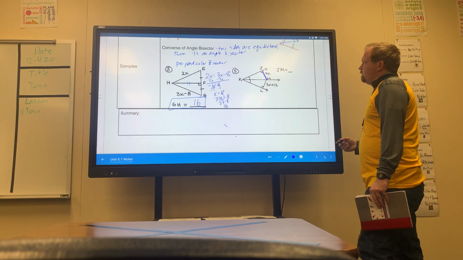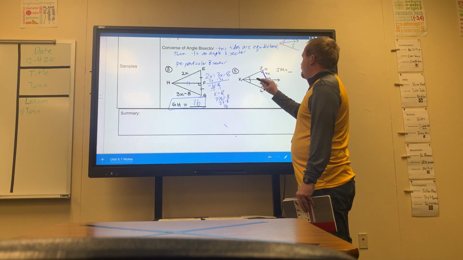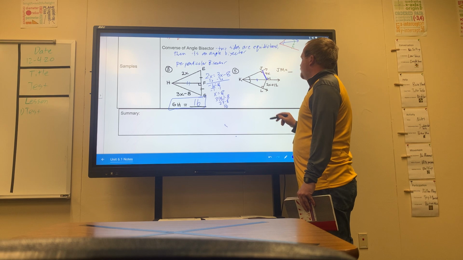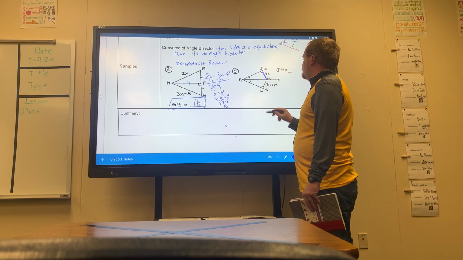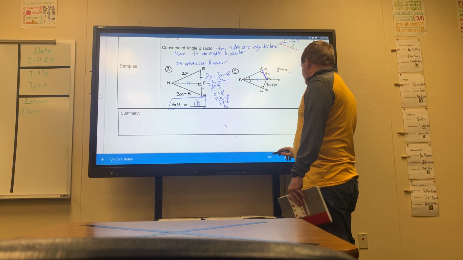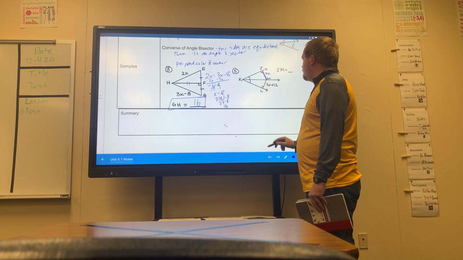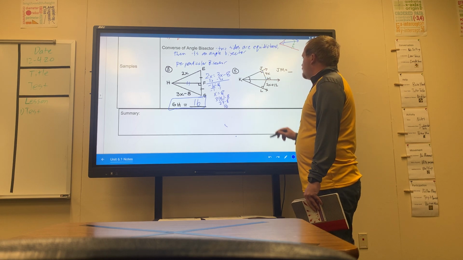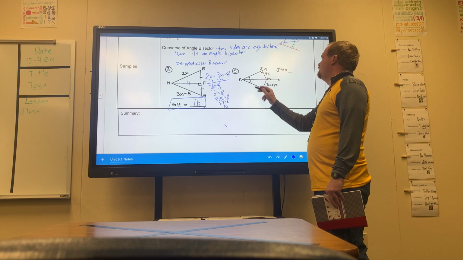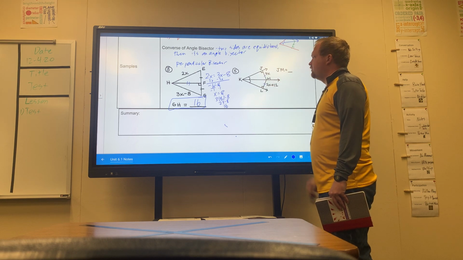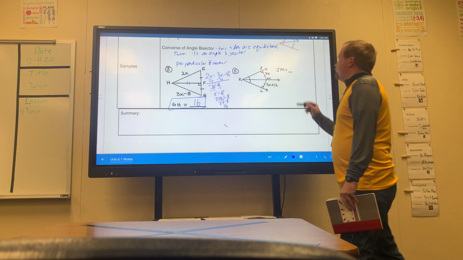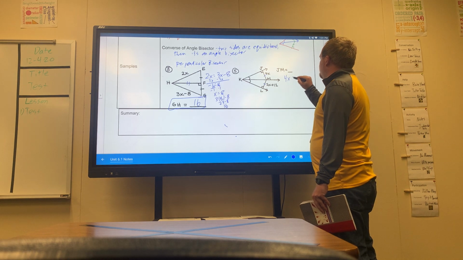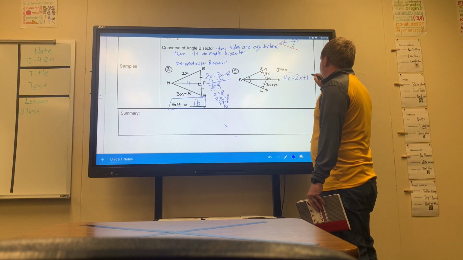Now, since these two are equal, I got an angle bisector here, so that means these two are going to be congruent to each other. So by solving it, I just set them equal to each other.